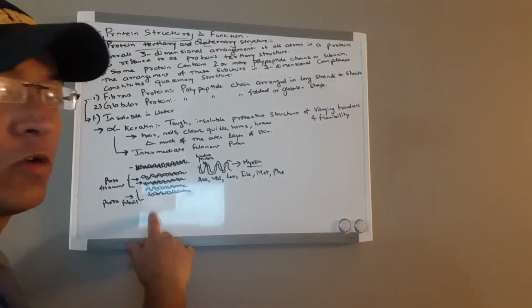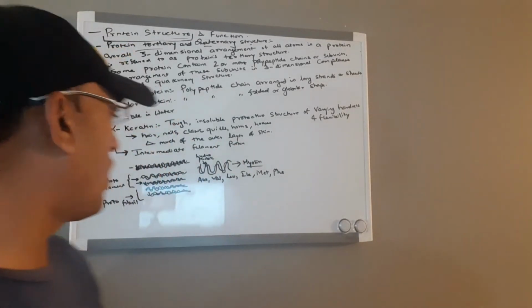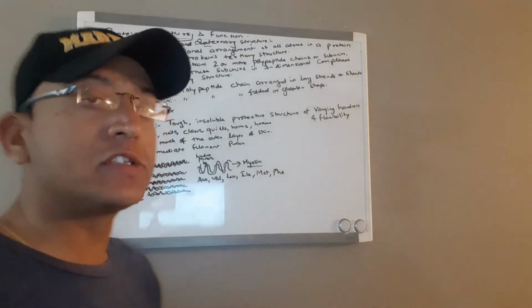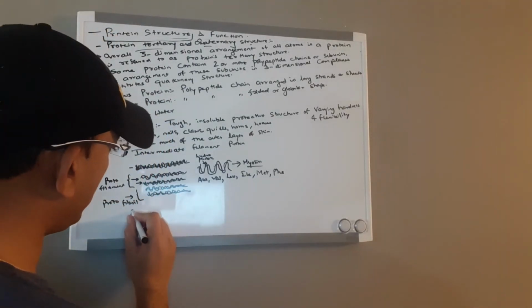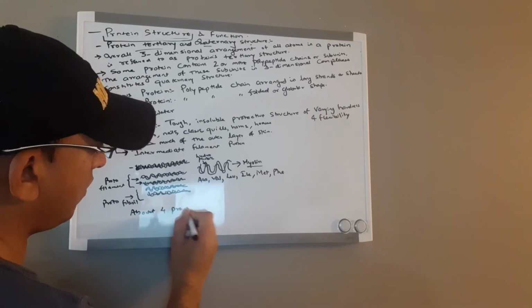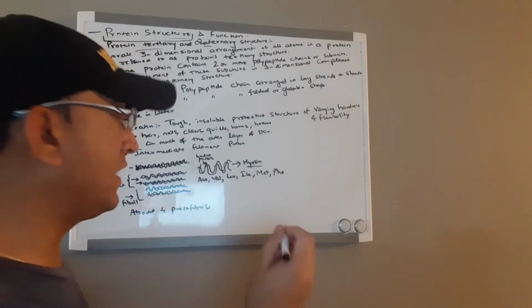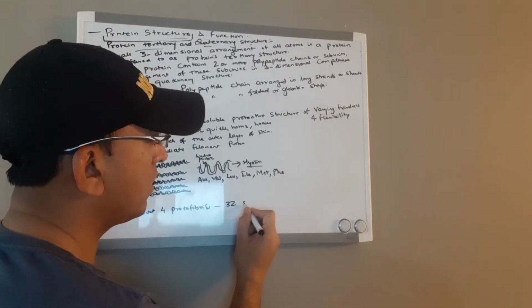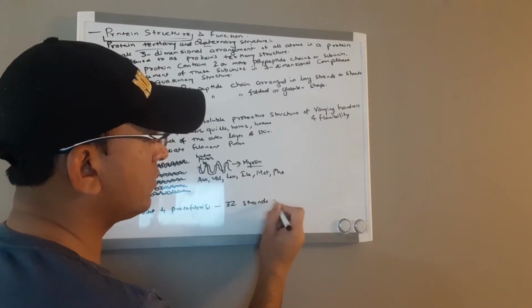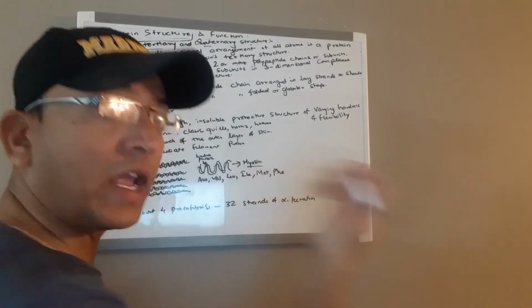So these form the protofibril, about 4, 5, 6, 7. So about 4 protofibrils. So that is around 32 strands of alpha keratin.